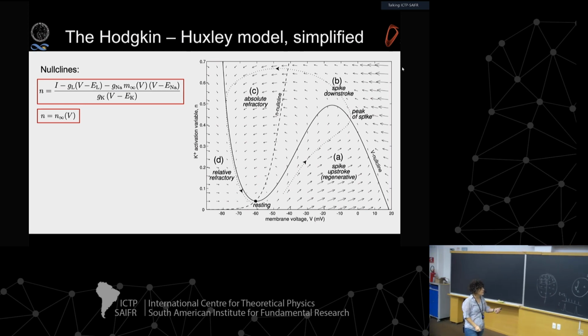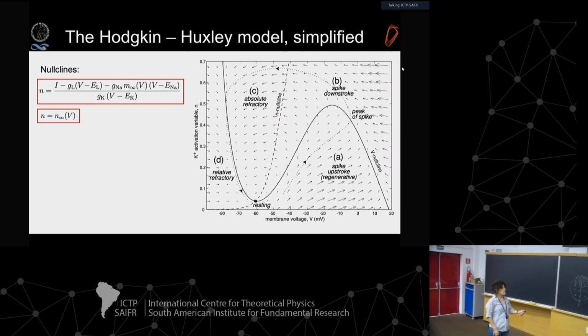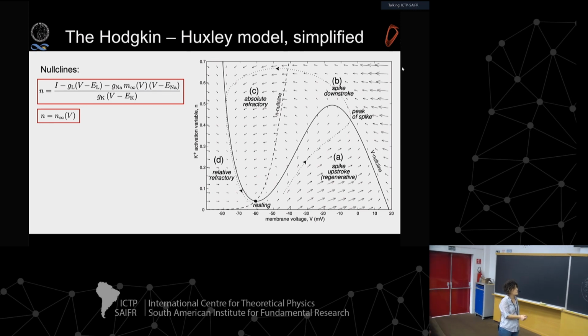So you have just one fixed point, and then, for example, if you start with this initial condition, this value of V and this value of N, you will go all the way around, following the arrows. Imagine you are in a flow. It's called flow because it's like water, okay? So you get your little boat and go until the next point.